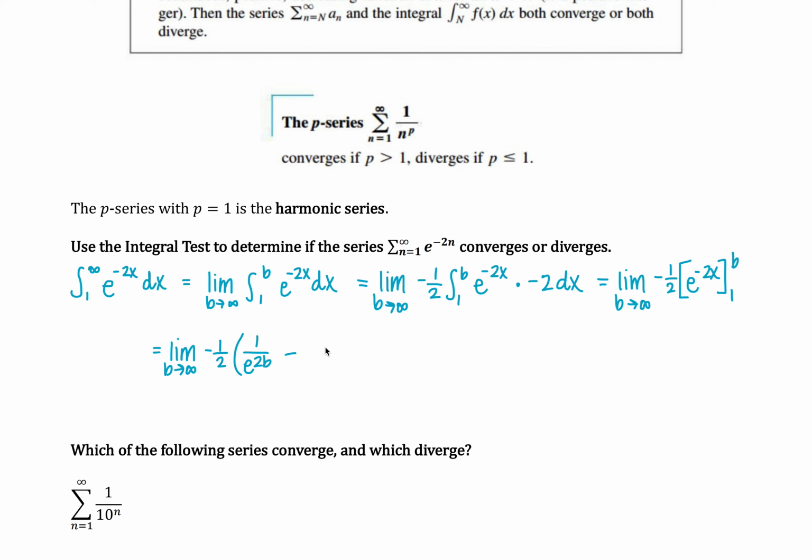E to the negative 2 is the same as 1 over e squared. As b goes to infinity, we've got 1 over e to infinity, so this first term goes to 0. I'm left with negative 1/2 times negative 1 over e squared, which is 1 over 2e squared. So the integral converges, and since that integral converges, we know that the series also converges.